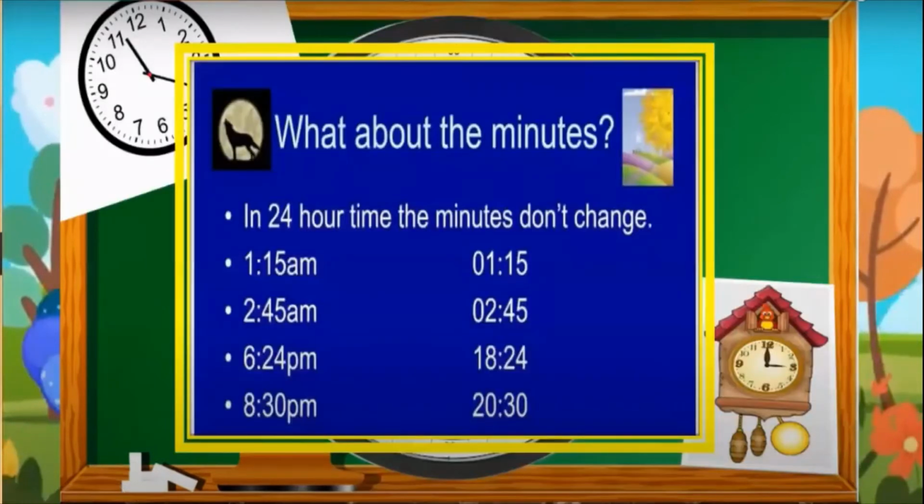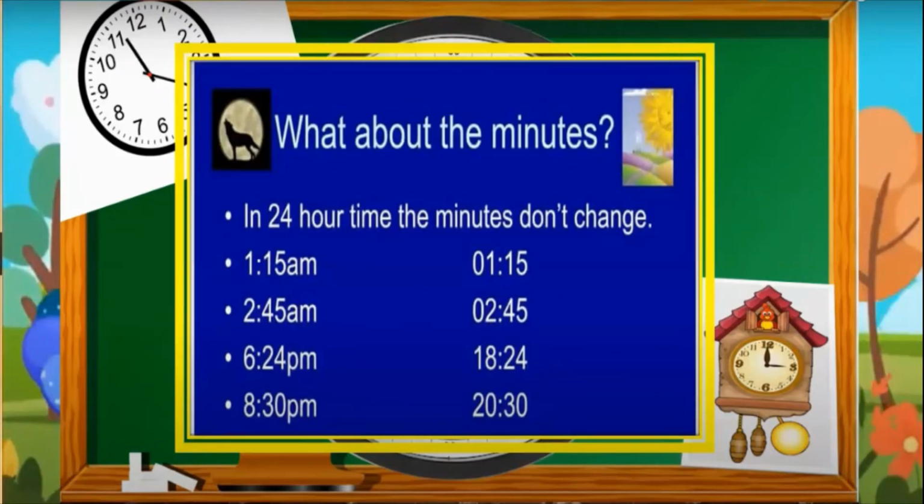But what about the minutes? In 24-hour time, the minutes don't change. We still have 1:15 a.m., which is 0115 hour. We still have 2:45 a.m., and in the 24-hour clock system, we still have 0245 hour.